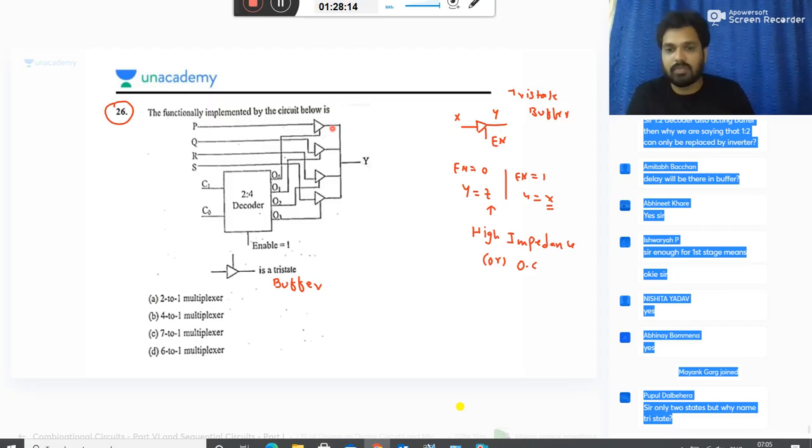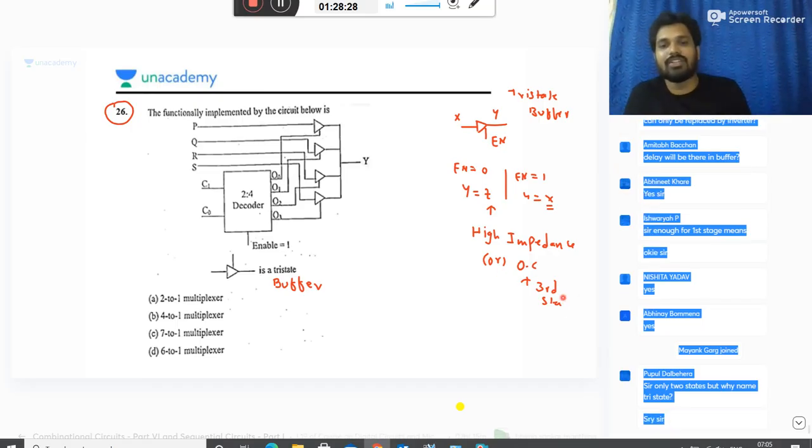People, what happened here? This much time I have explained why it is called 3 state. You are asking the same question. There is a third state now. This is your third state. You understand? So X can be 0 or 1, 2 states, and high impedance also, the third state.